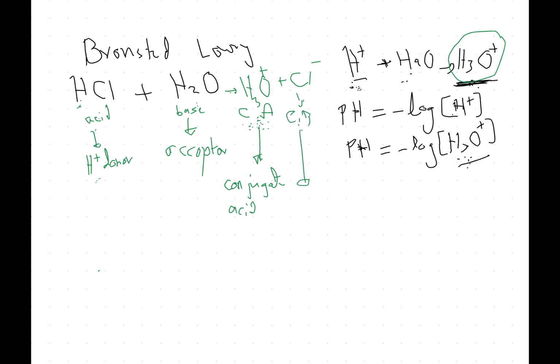This is the meaning of conjugate base: the one who donated to the base. Conjugate base is the one who donated. Conjugate acid is the one who accepts the donation from the acid.